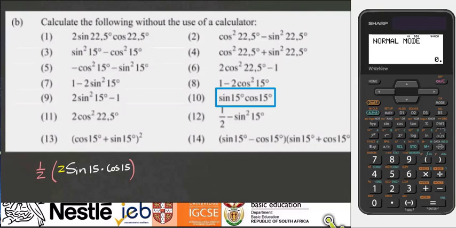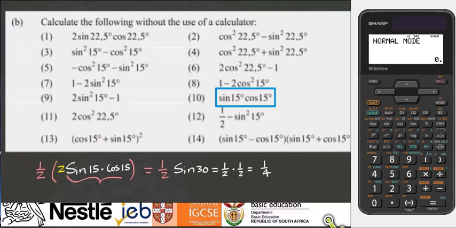So you have a half. What's inside is double now, that sine. So you have half sine of double the angle, which is 30. Sine of 30 is half, so you already have the half. Then you end up with a quarter, 1/4.